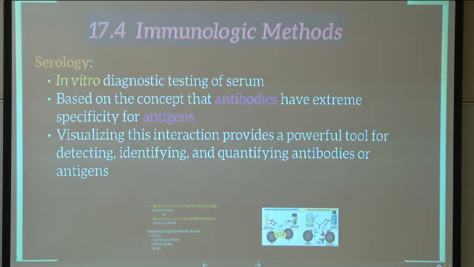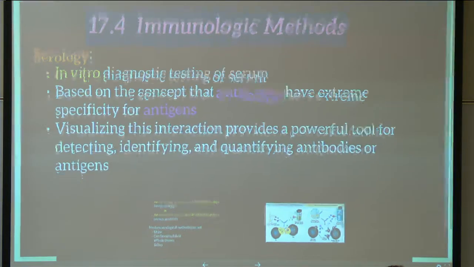Okay, remember the antigen, that is that foreign entity. The antibody is what you are going to produce in response to that antigen. Okay, and oftentimes you see this based on some type of a clumping, a precipitate, an agglutination, something like that.